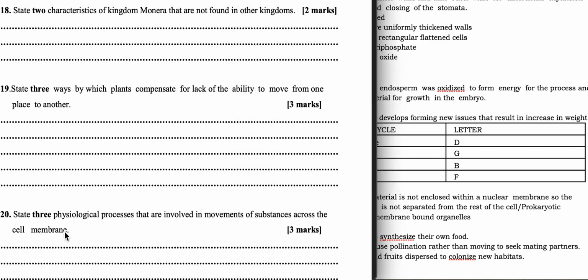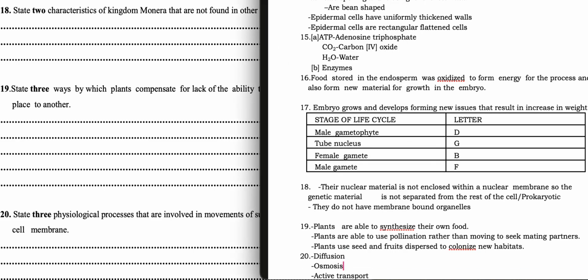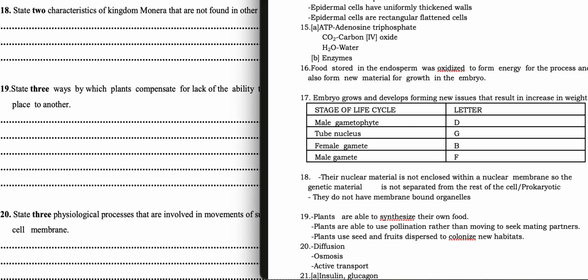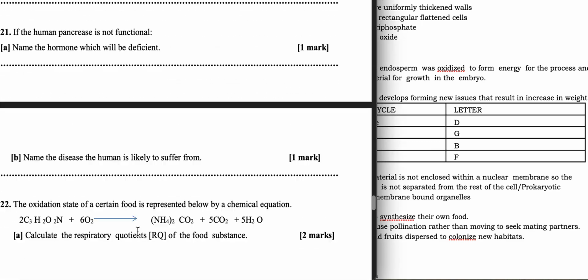Question 20. State 3 physiological processes that are involved in movement of substances across the cell membrane. We have diffusion, osmosis, and active transport. Question 21.